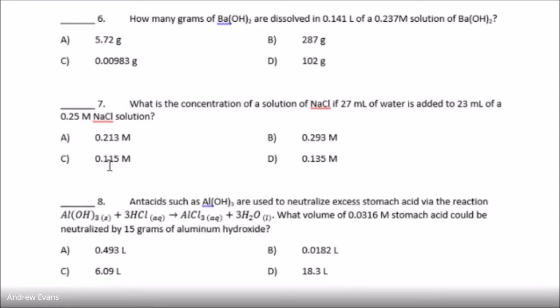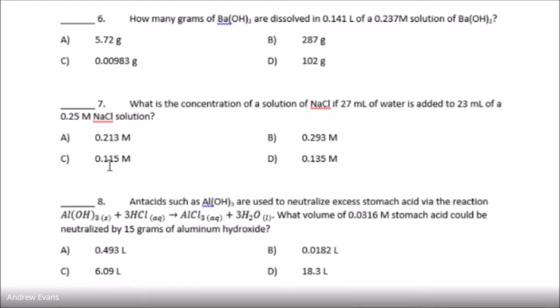So when 27 mLs of water are added to a solution, what happens to the volume? The volume goes up. I don't say enough water to make the volume 27. I say 27 mLs of water are added.